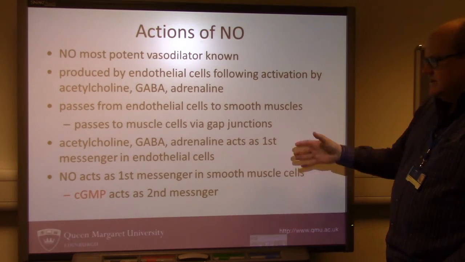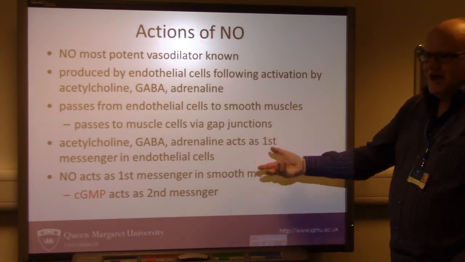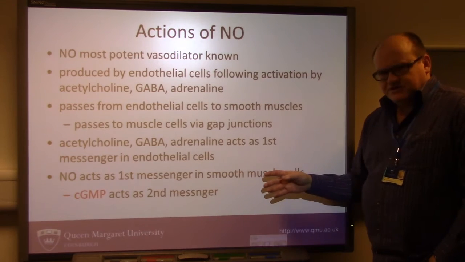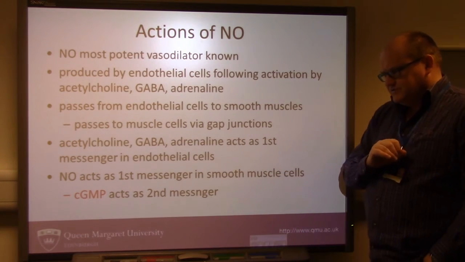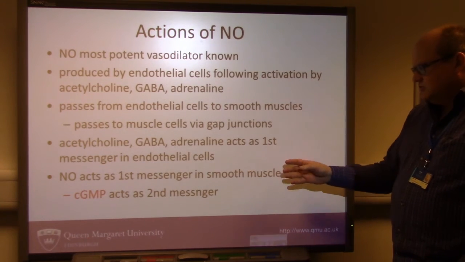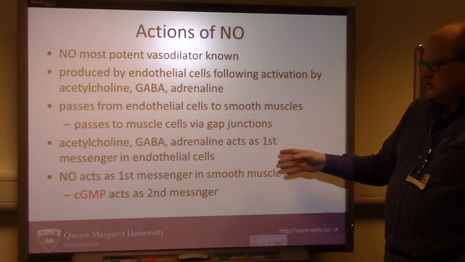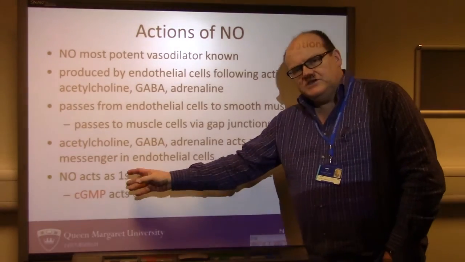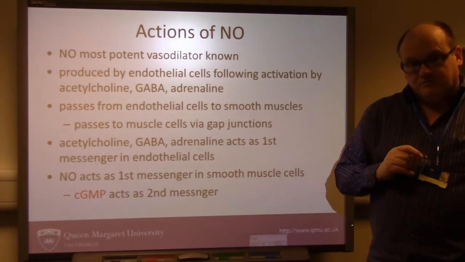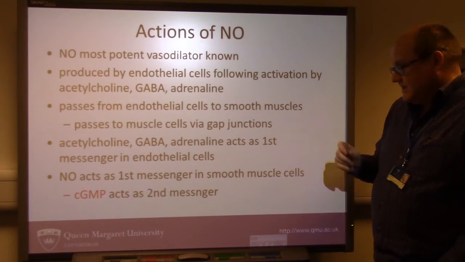So basically, acetylcholine or GABA or noradrenaline, whatever the transmitter is, they are the first messenger in the endothelial cells. They produce the nitric oxide, and that acts on the smooth muscle cells, causing the production of cyclic GMP, which, as you'll remember from earlier in the lecture sequence, is a second messenger.